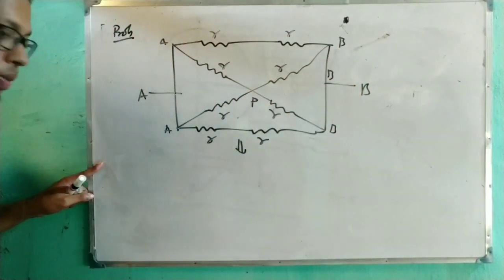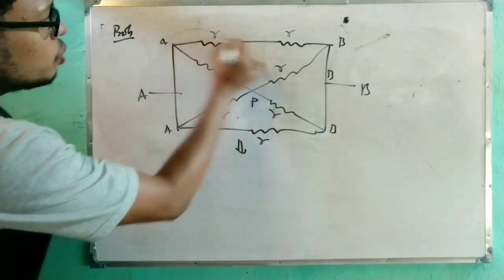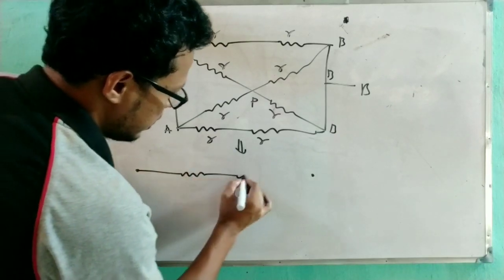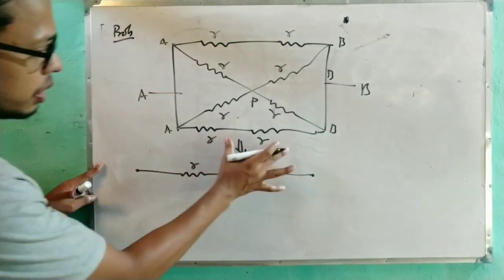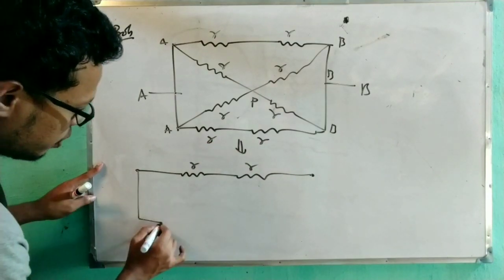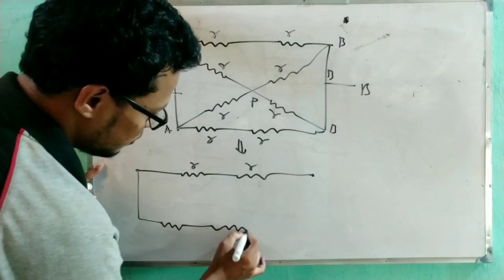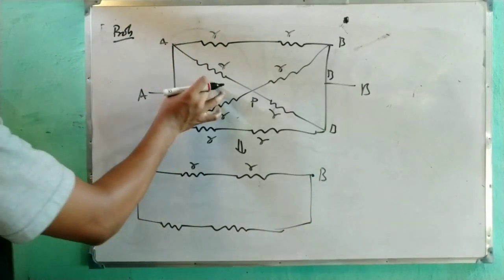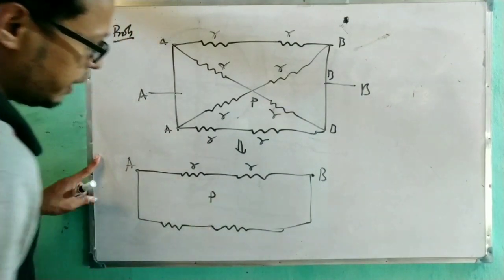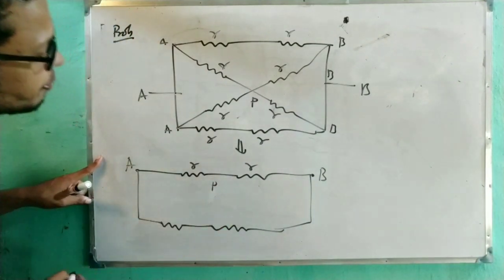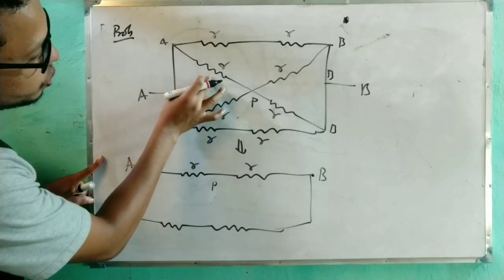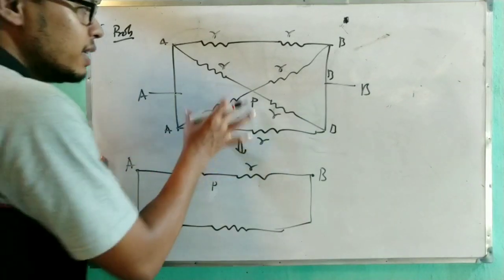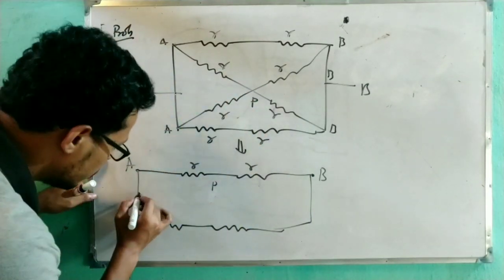I am taking it P. Here these two resistors are connected in between A and B, so this is A and B, R and R. Similar case happens over here also, B and A. Now here see, one point I got P, and this resistance is also connected in between A and P, this is also connected in between A and P, so we can say they are connected in parallel.